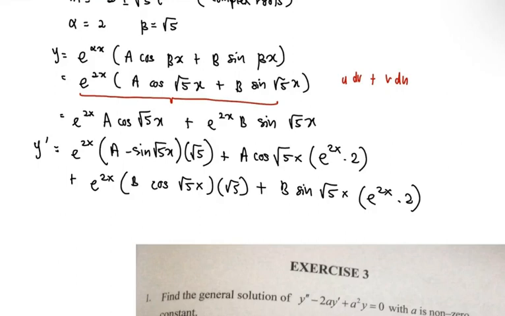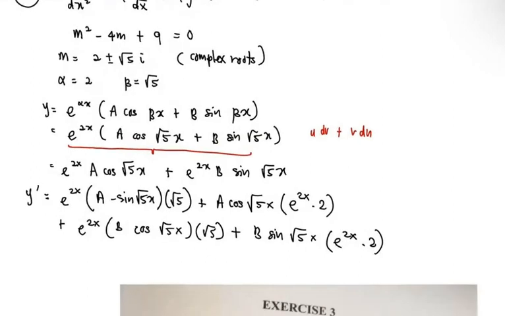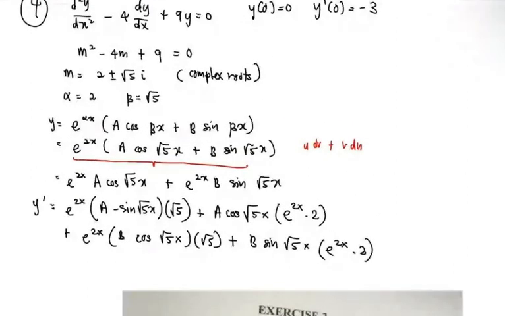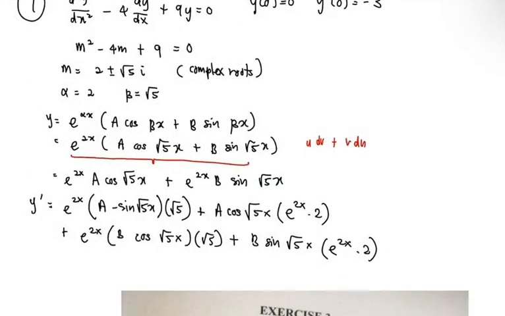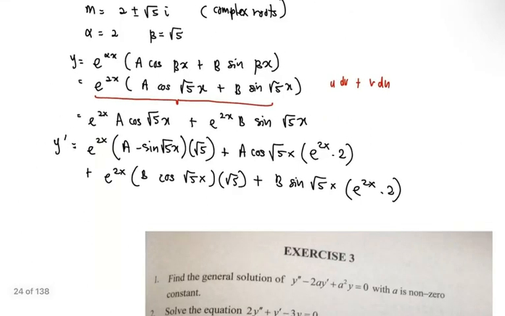Okay, now we are going to substitute the initial condition. Don't worry, it looks quite long, but we are only dealing with sin 0 or cos 0. So remember, sin 0 is 0, cos 0 is 1.